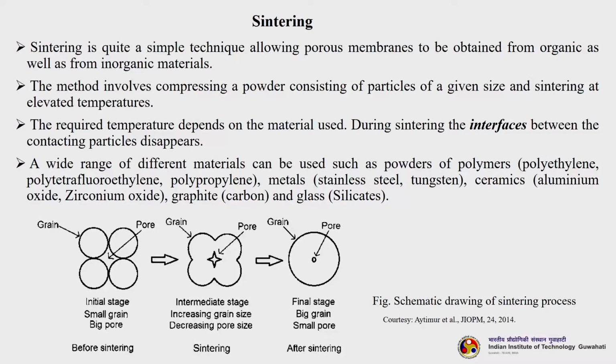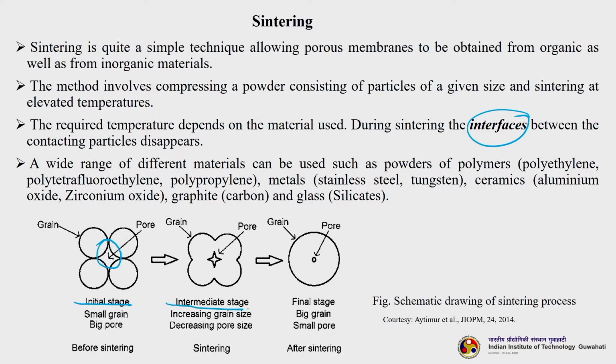During the sintering, the interfaces between the contacting particles disappear, the interfaces, not phases. Please see this figure. You can see I have shown you 4 different grains. This is the initial stage. Here the grains are small and the interspace between these 4 grains is big.